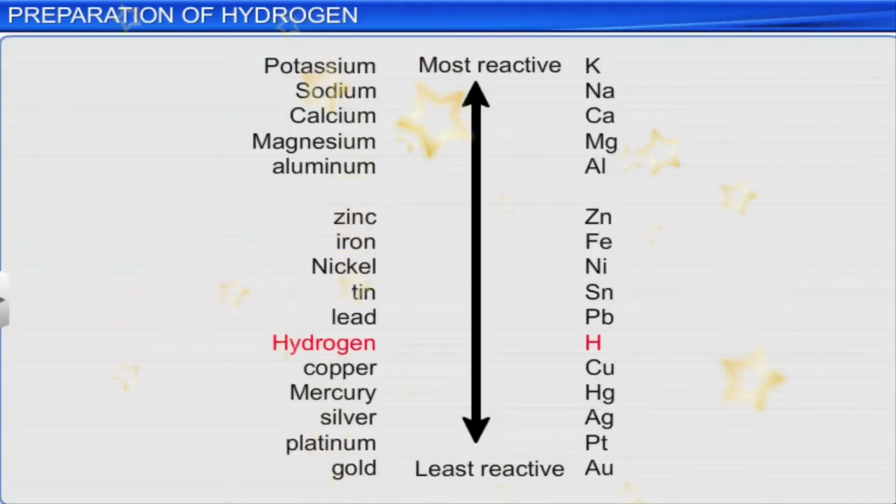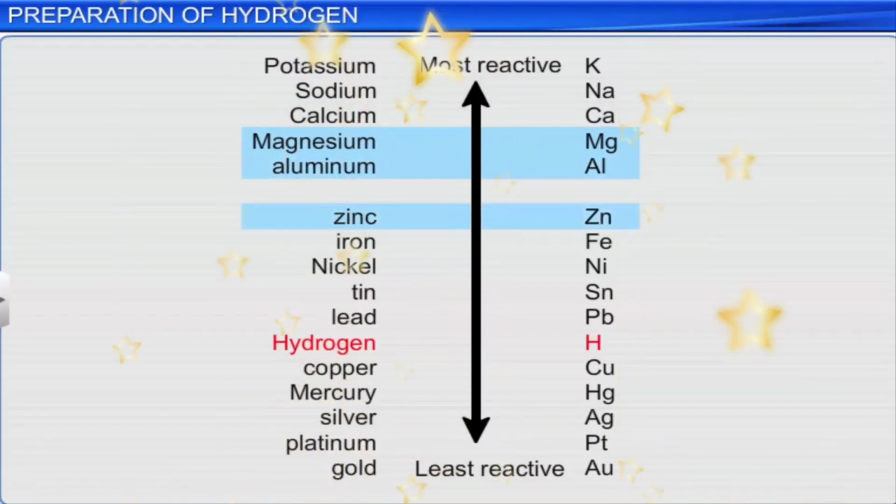The rate of reaction of these metals determines the activity series of metals. Potassium, sodium, and calcium displace hydrogen from acids with explosive violence. Magnesium, aluminium, and zinc displace hydrogen from acids vigorously but not violently.